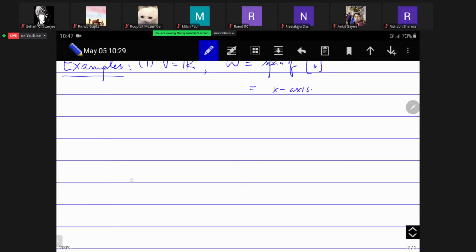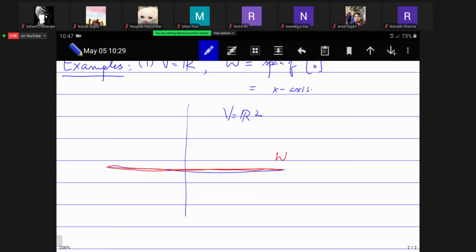So this is R2, and W is this. Now, what does V mod W look like?